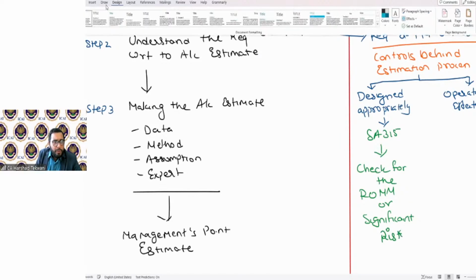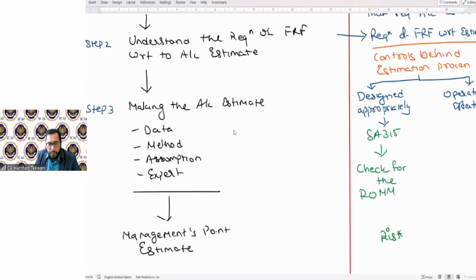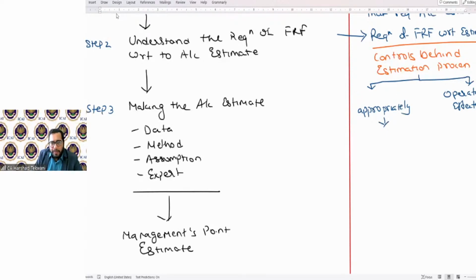As of now, I'll remove this one and add it later on. Now, I'll bring that to this side.